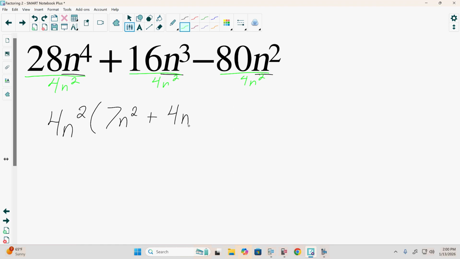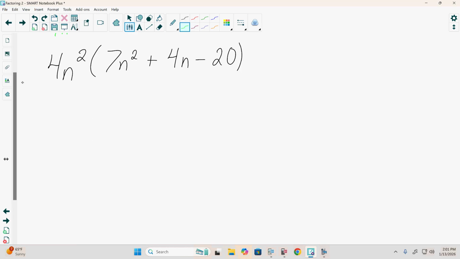If we take 2 n's away from n to the third, we're left with 4n. Minus 80 divided by 4 is 20. And the n squared factors out completely. So there's no other common factors between 7, 4, and 20.